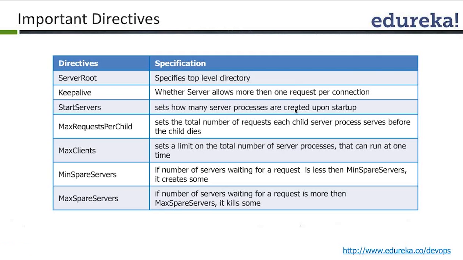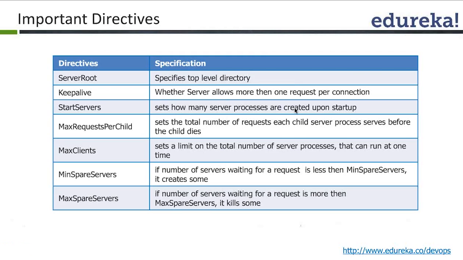But if there is only one server, then only one person can connect to it. So what it does is start child processes. Max requests is the total number of requests each child server process serves before the child dies. That's your child process, and max clients sets the total number of server processes that can run at one time.